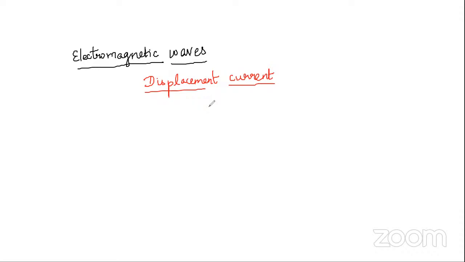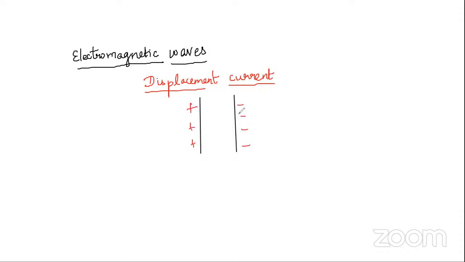You all know the parallel plate capacitor. These are the two plates of a parallel plate capacitor. Whenever this capacitor is charged, say you have positive charges on this plate and negative charges on this plate, like that.